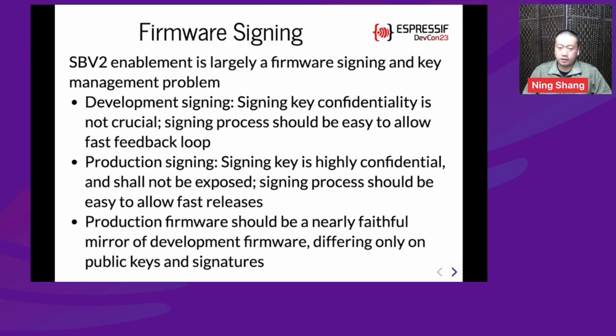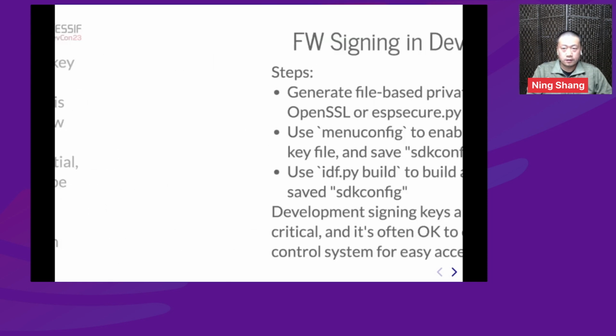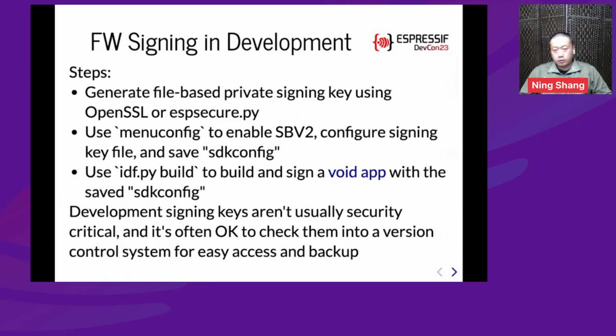Therefore, ideally production images and development images should differ only on public keys and signatures for Secure Boot enabled devices. In the rest of the presentation, we are going to talk about how to sign firmware in development and in production to enable Secure Boot v2 for ESP32 platforms.